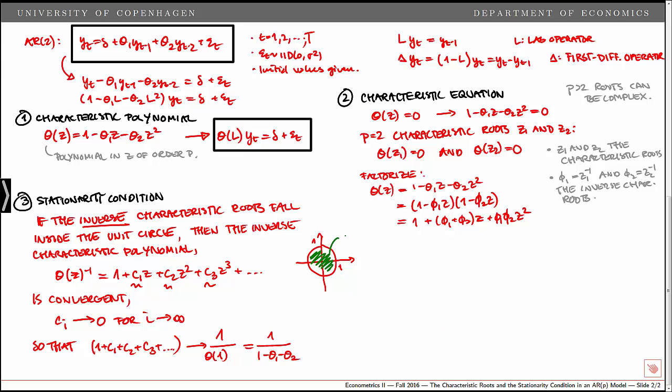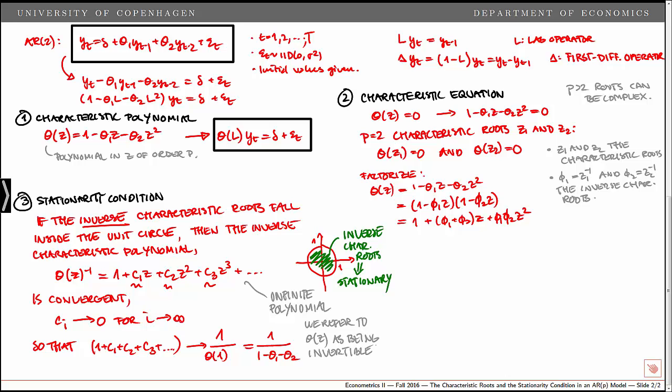If the inverse roots are in here, then the process is stationary. When the inverse characteristic roots fall inside the unit circle, then the inverse characteristic polynomial, which is an infinite polynomial, is convergent. And just note that we refer to the characteristic polynomial as being invertible. So invertible here just means that the inverse characteristic polynomial exists and it is convergent.